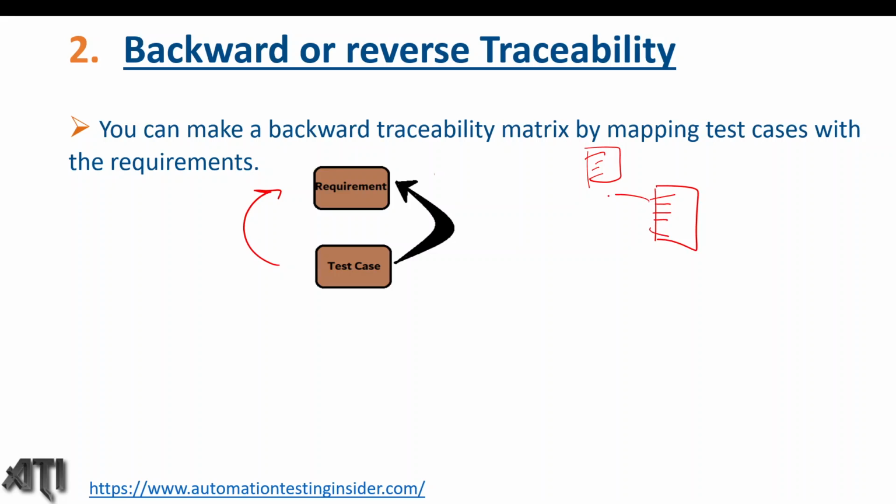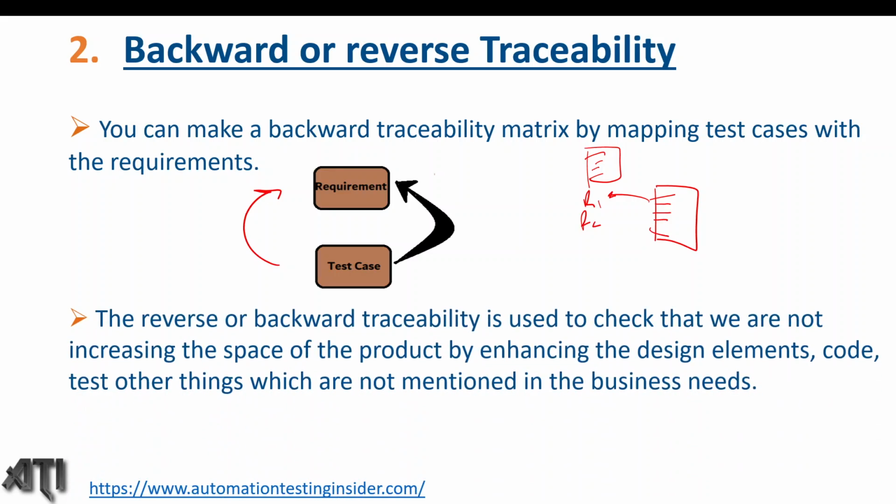Now from the execution we'll map to the requirements, correct, and this is usually done when there is no scope of changing the requirement in the application. The reverse or backward traceability is used to check that we are not increasing the scope of the product by enhancing design elements, code, tests, or other things which are not mentioned in the business needs.